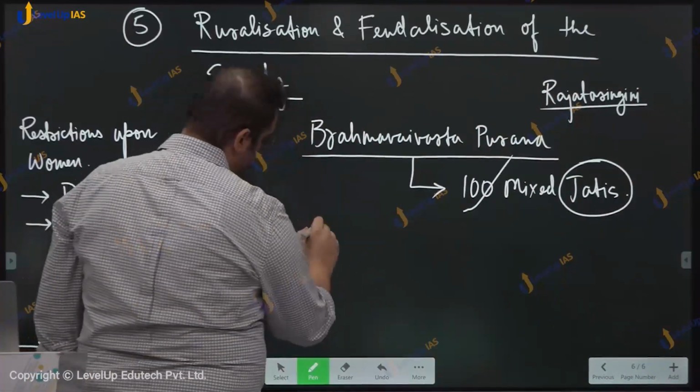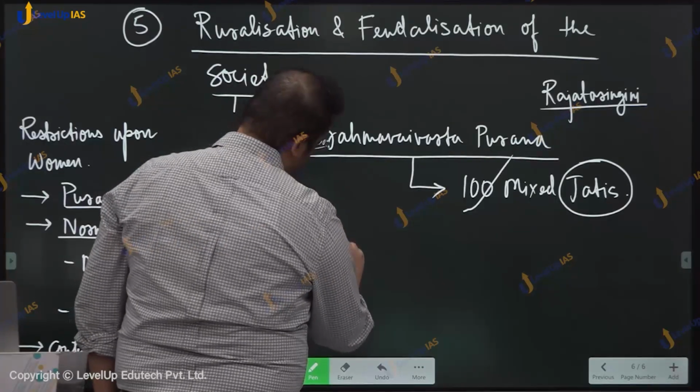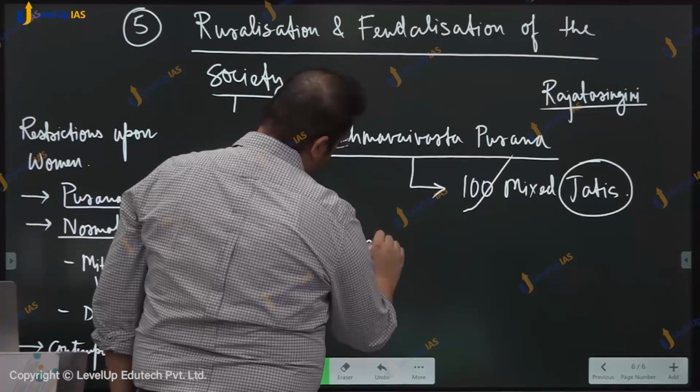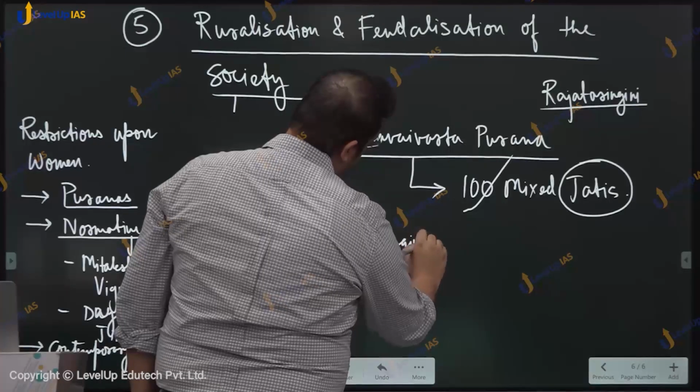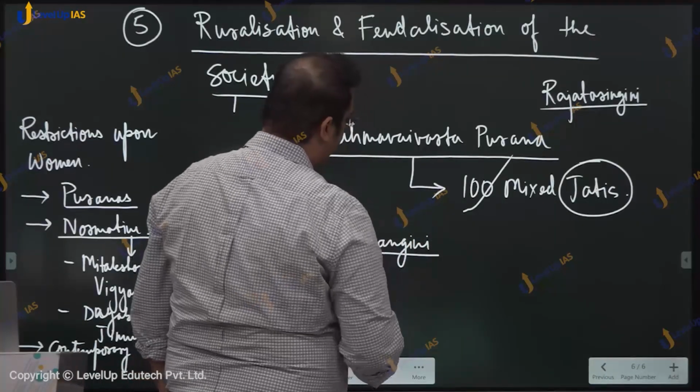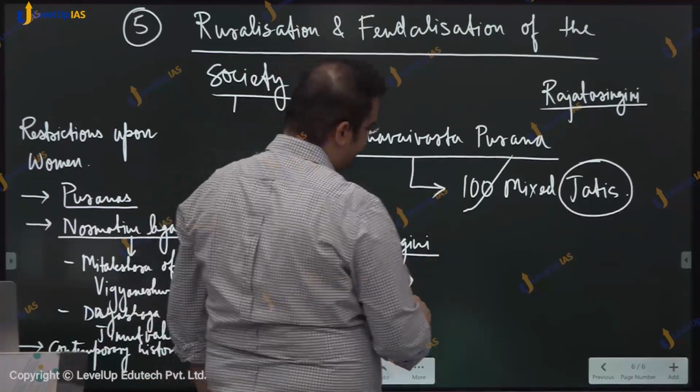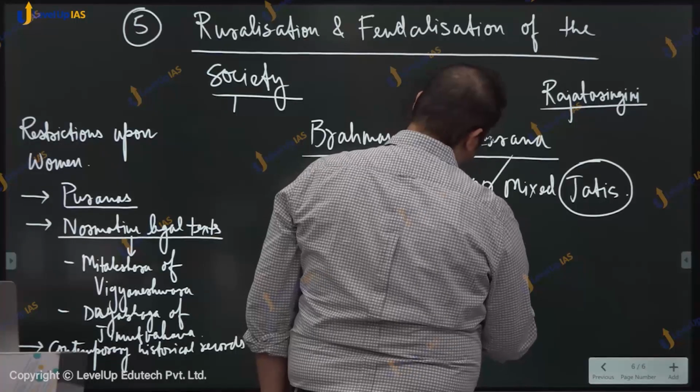Similarly, the Rajatarangini of Kalhana mentions the existence of 64 jatis.